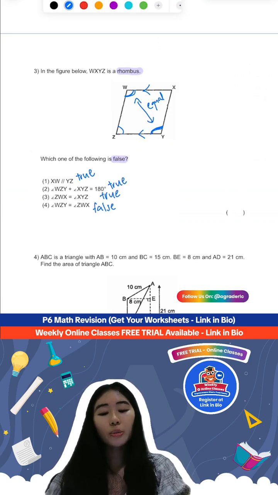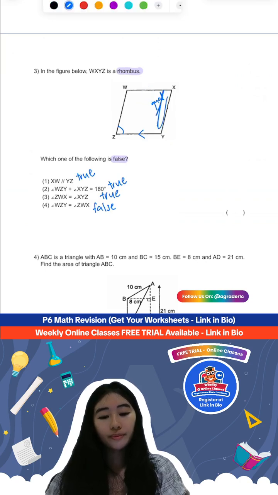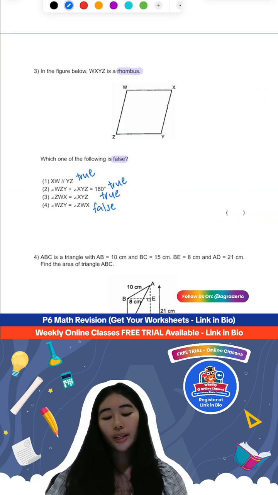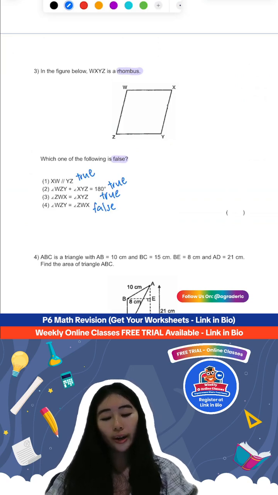But of course, you can double check. Let's double check it. Option 4 says that WZY equals XW, sorry, ZWX.